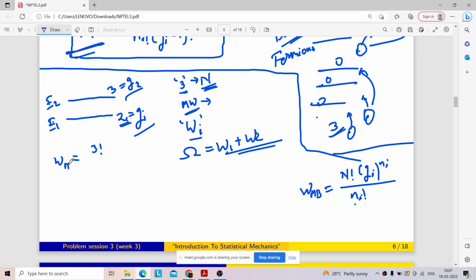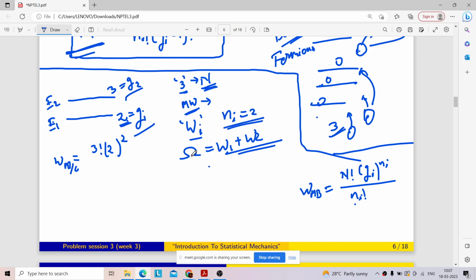This is for Maxwell or classical gas, whatever you can say. And Gi we have 2 for the first case, so 2 here. And how many particles can I put in a single state? As this is classical gas, I can put 2 particles in a single state. So this will be to the power 2. This ni is 2 for me.